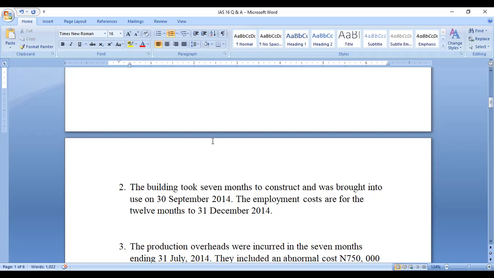The employment costs are for 12 months to 31st December 2014. So what do you think should be done, or how do you understand this particular transaction?